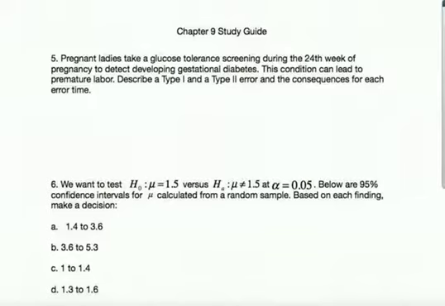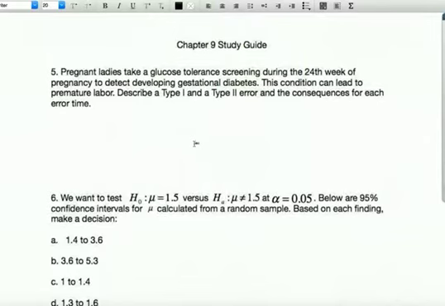Number 5 says pregnant ladies take a glucose tolerance screening during the 24th week of pregnancy to detect developing gestational diabetes. This condition can lead to premature labor. Describe a type 1 and a type 2 error and the consequences for each error type. So for a type 1, remember a type 1 is a false positive.